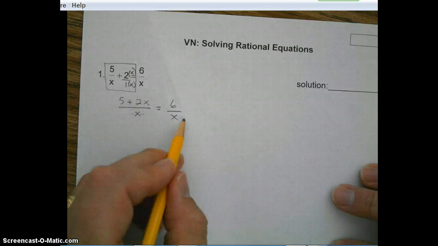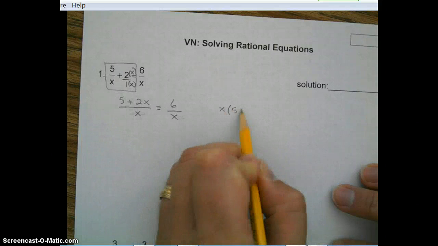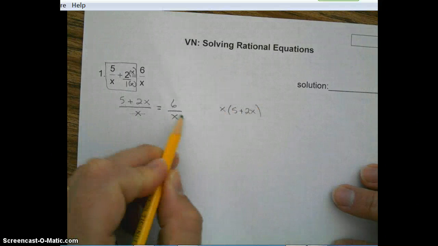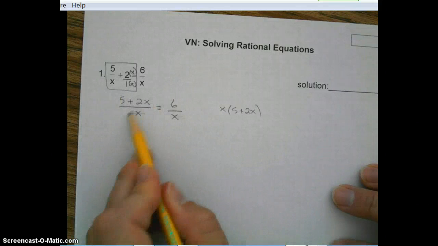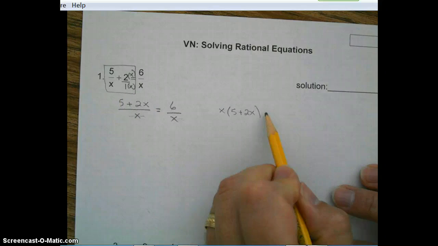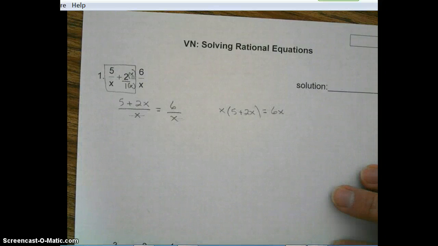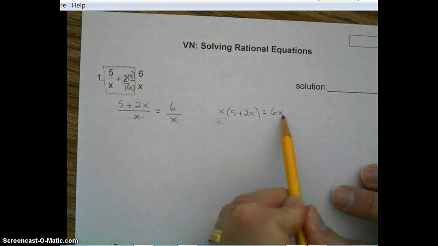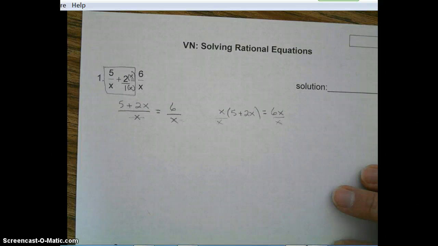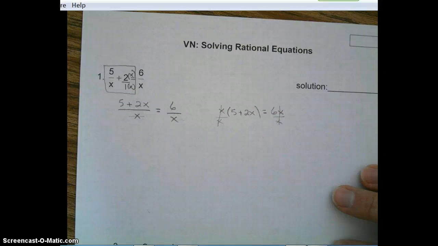So remember we cross multiply, so we would have x times 5 plus 2x, doing the butterfly this way, okay? Doing the butterfly this way equals 6x, okay? Now at this point, we could just divide by x on both sides, and x would cancel.